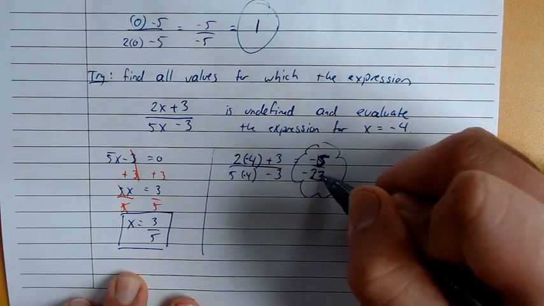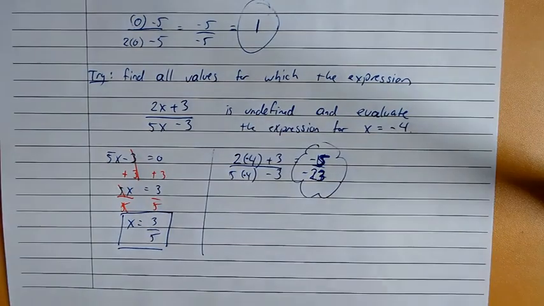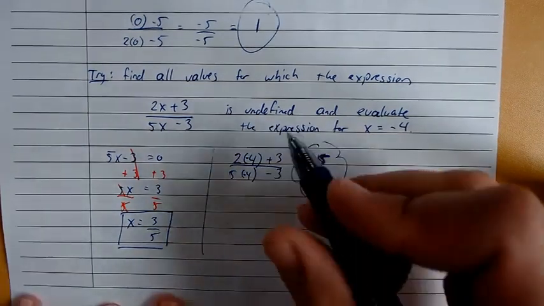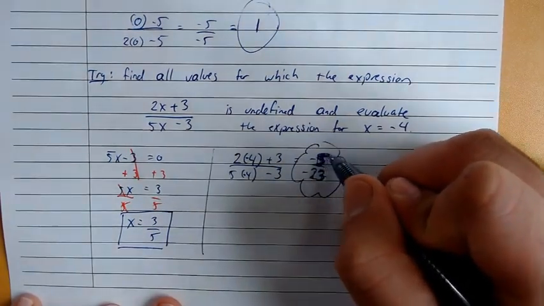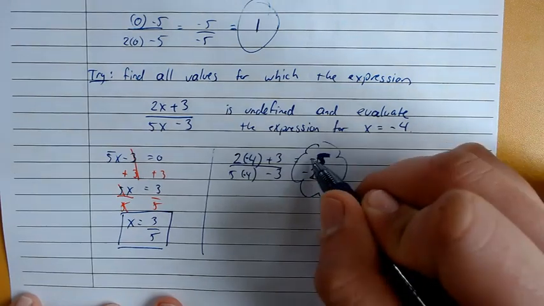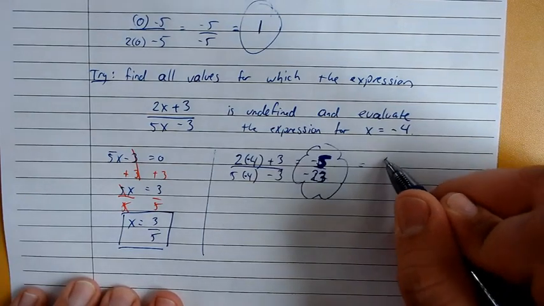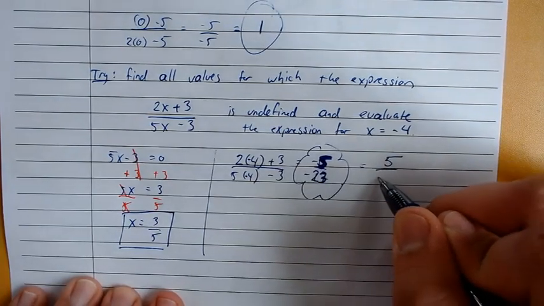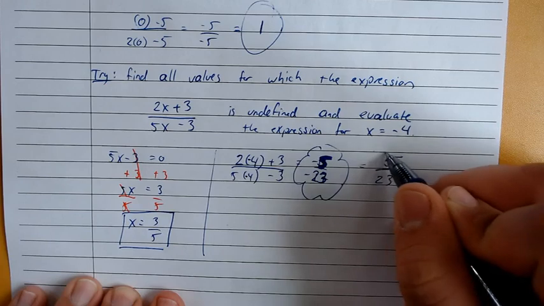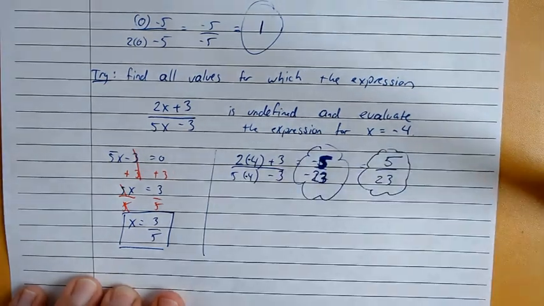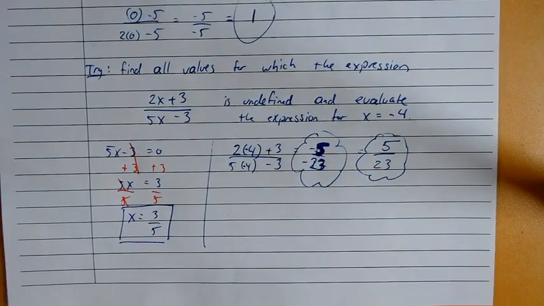And here you can't reduce those. That's just negative 5 over negative 23. You can't reduce the numbers, but the two negatives do simplify out. Negative over negative is a positive. So we can just write that as positive 5 over 23. And this is our result.